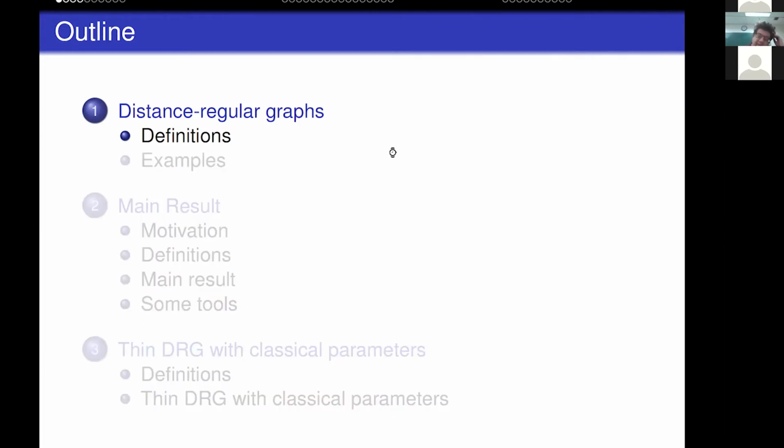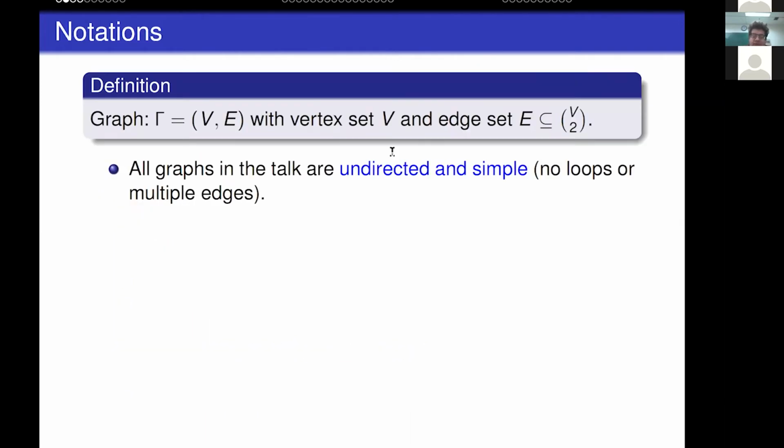So let's first start with the usual definitions of graphs. I think everybody in this audience knows what they are. In this talk, all the graphs are undirected and simple. There are no loops nor multiple edges.